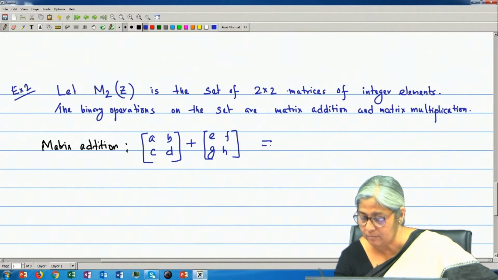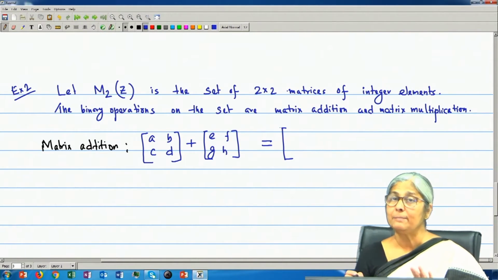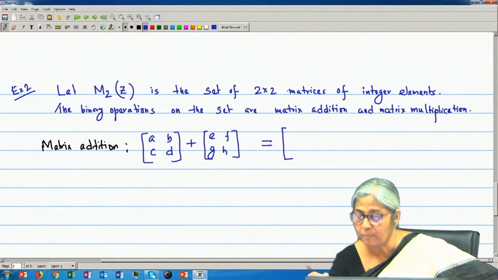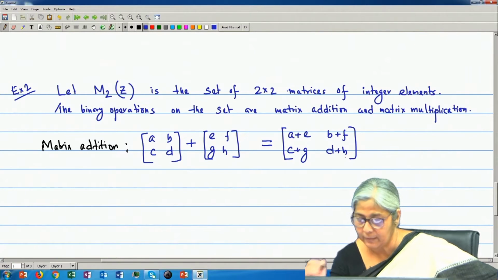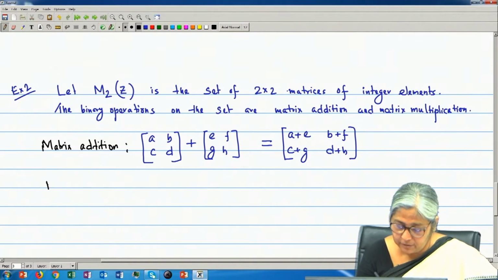This is equal to, we know the matrix addition is defined as element-wise addition, that means A plus E, B plus F, C plus G and D plus H. Now, how do we define the matrix multiplication?